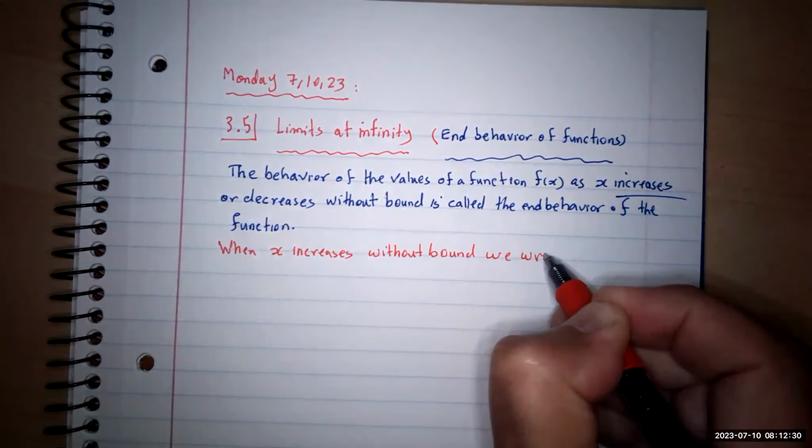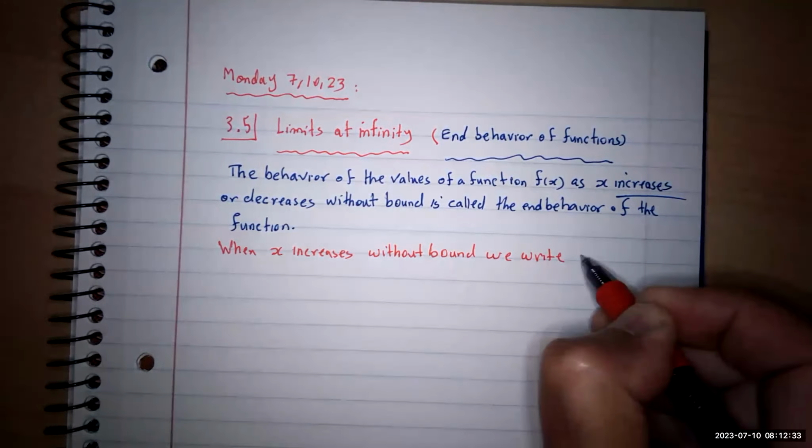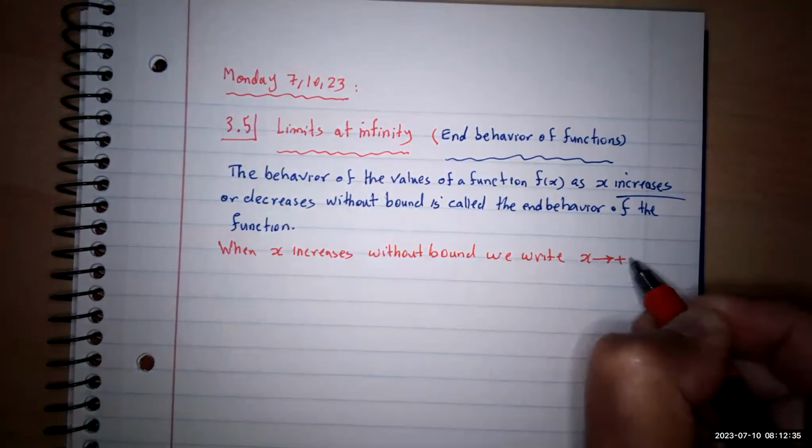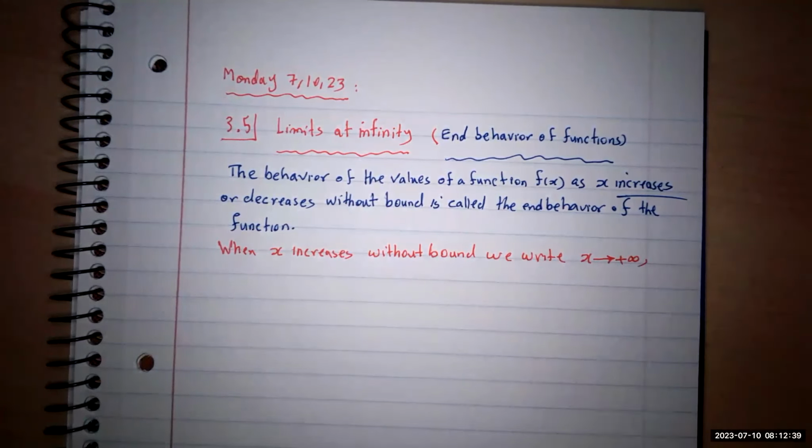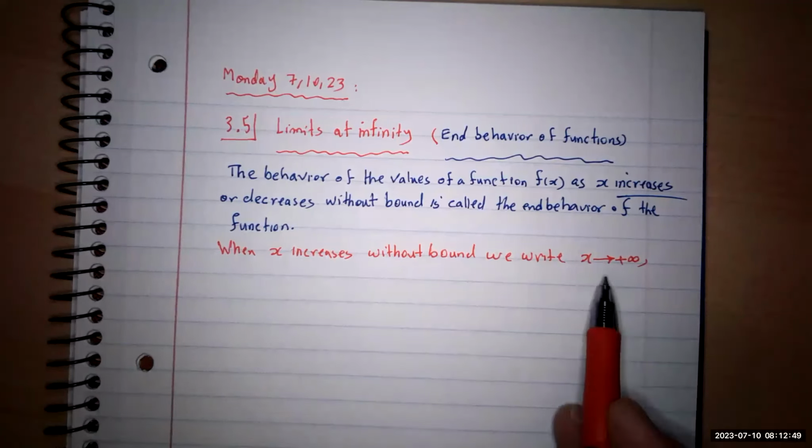We write x goes to positive infinity. This means x is bigger than any number that you think about. If you fix a number like 10,000, there is a value of x which is bigger than 10,000. This is what it means.